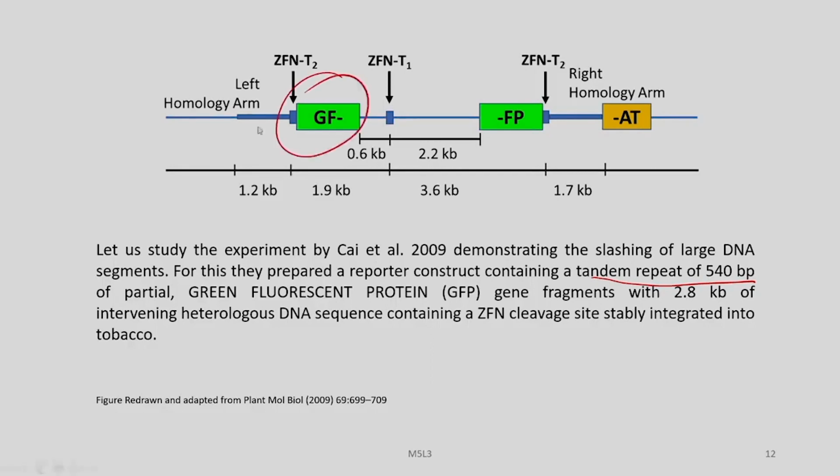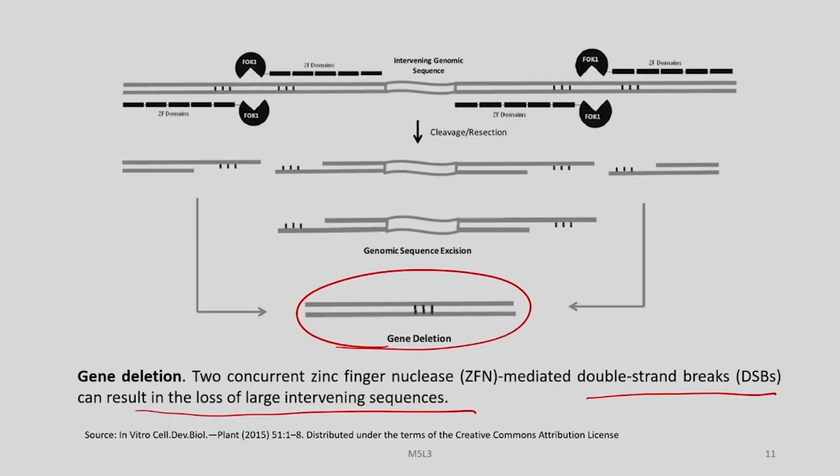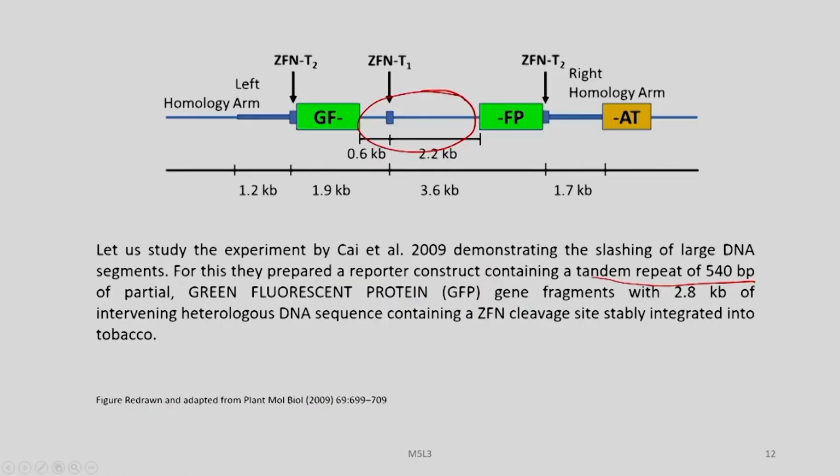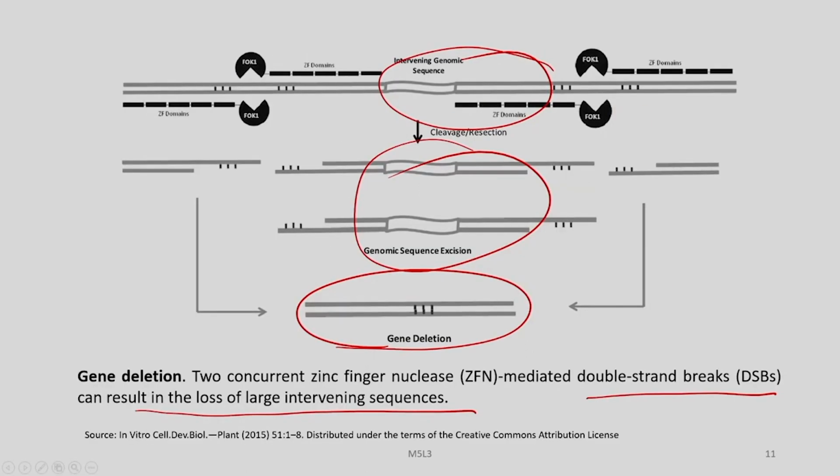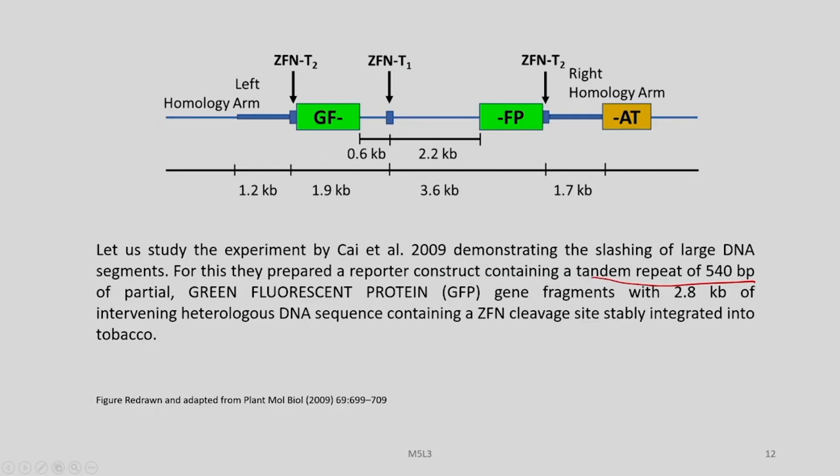Now, these partial GFPs are spaced apart, as you can see over here, by some kind of intervening sequence. For example, we have this intervening sequence over here, and this is the intervening sequence over here. If you remember, our idea is to delete this intervening sequence using ZFN technology, and for this reason we have certain ZFN target sites, including one site in the intervening sequence.